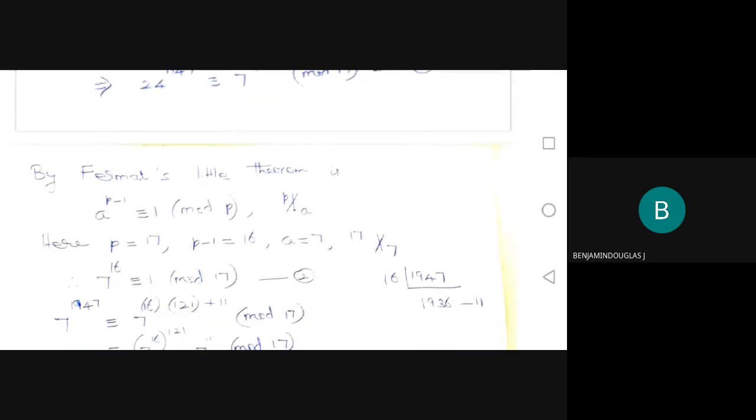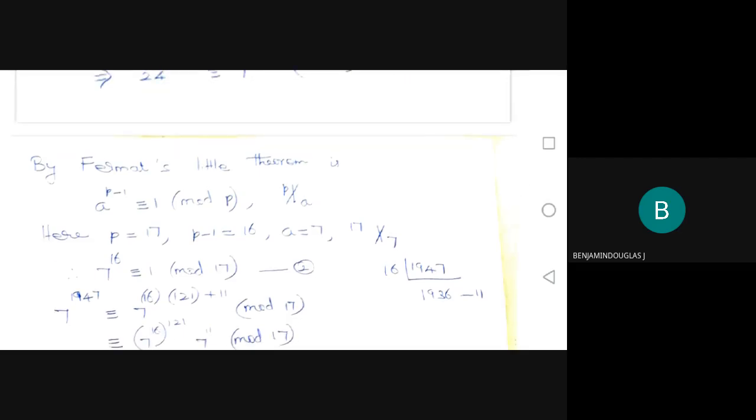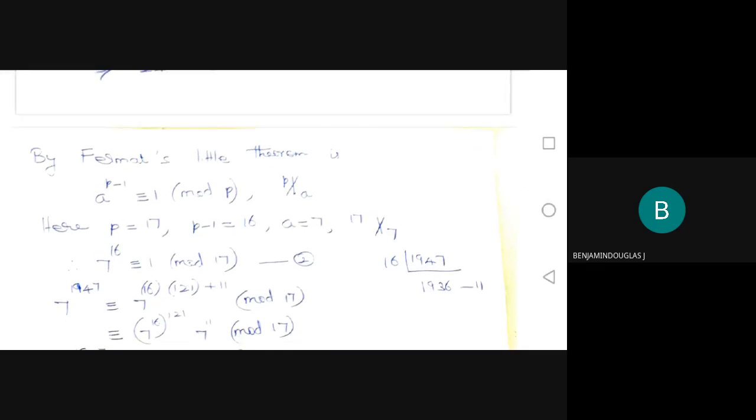Now 1947 divided by 16 gives the quotient 121 and the remainder 11. By the division algorithm, 1947 equals 16 times 121 plus 11. Therefore 7 power 1947 is 7 power 16 times 121 plus 11 under mod 17, which can be written as 7 power 16 whole power 121 into 7 power 11 under mod 17. Now look at equation 2.